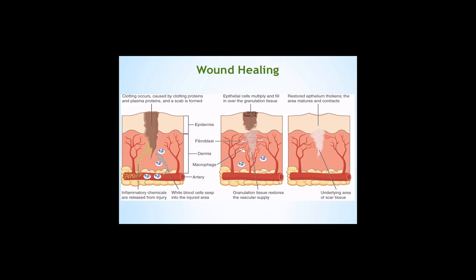So we've got a cut, and the first stage is clotting, and we talk more about clotting later on in this course. So the wound is sealed off by a scab.